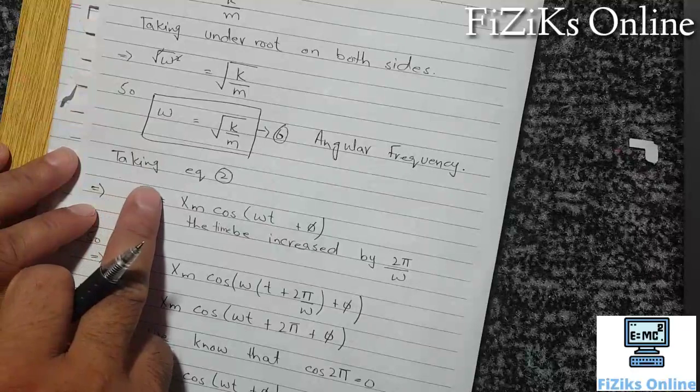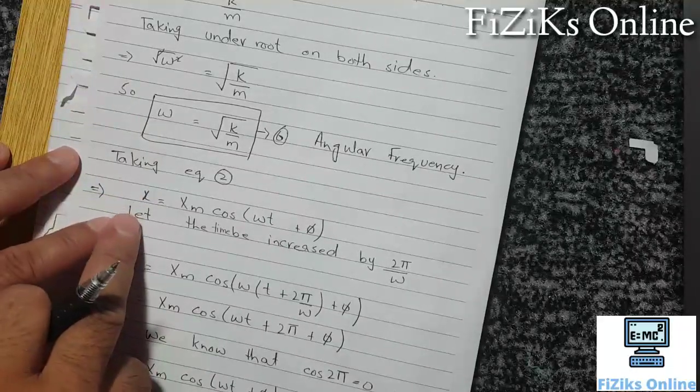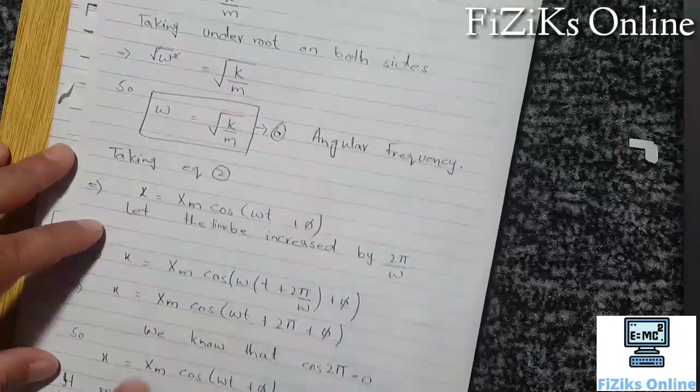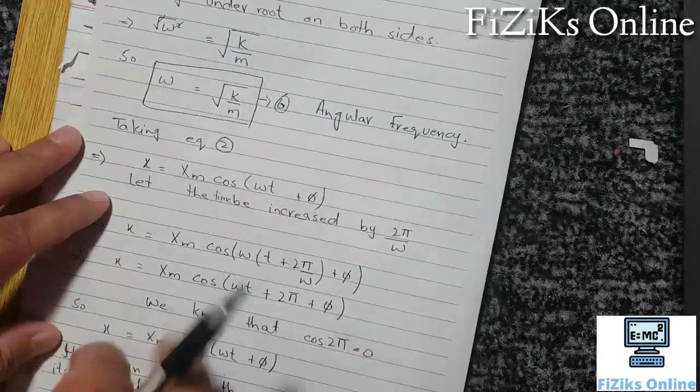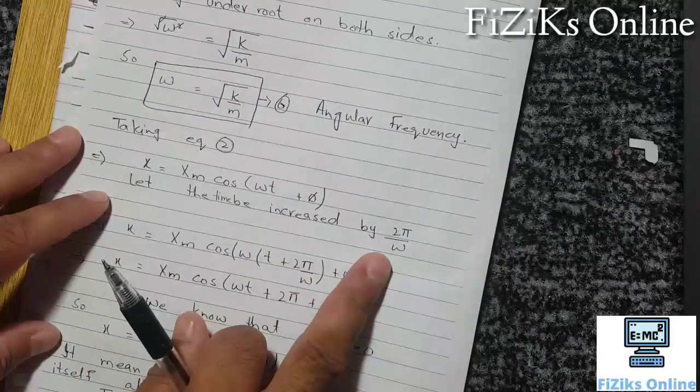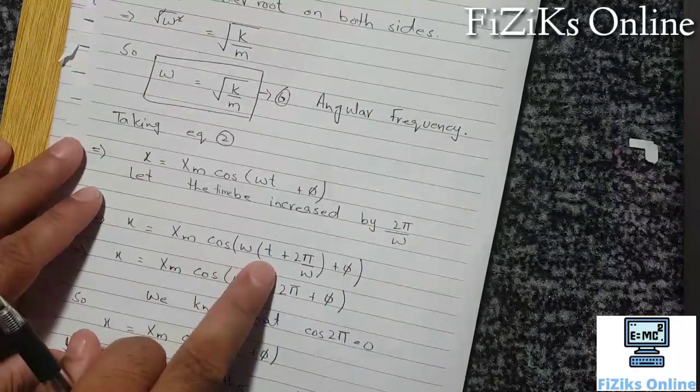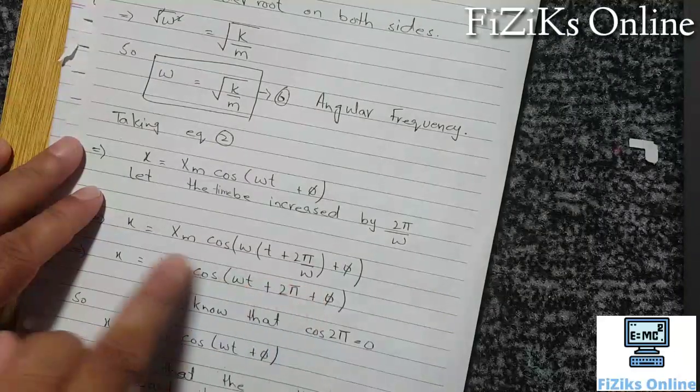Again taking equation 2, the equation of our displacement, x equals xm cos(omega t plus phi). We increase the time by 2 pi by omega, so t becomes t plus 2 pi by omega.